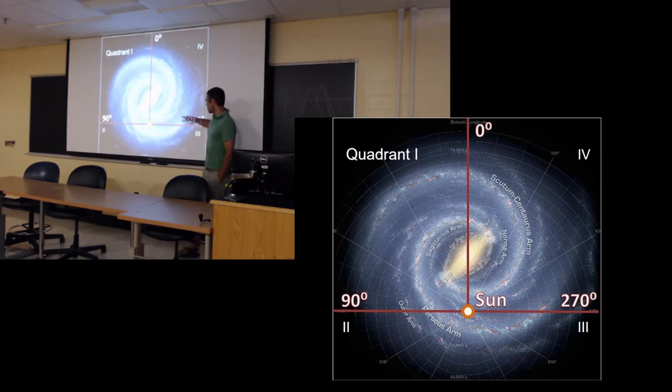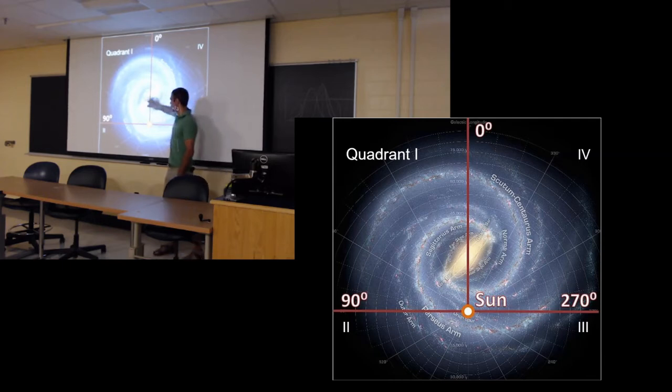From 270 to 360, those longitudes are, for the most part, difficult to observe from our location here. This is kind of the mirror image of the first galactic quadrant, but it's tough to observe because these declinations are very low.